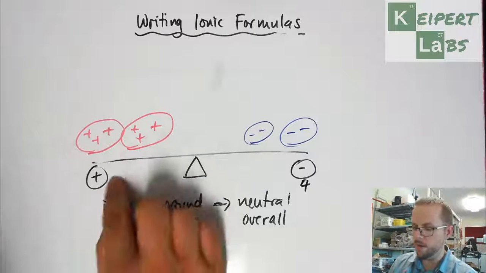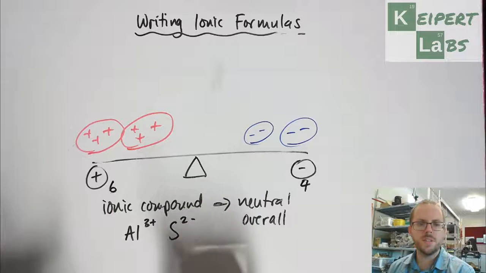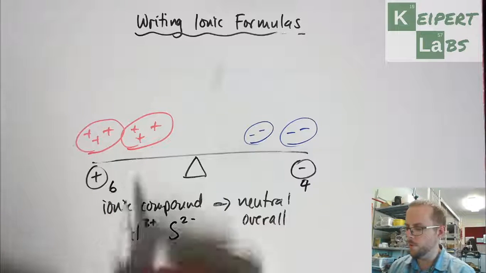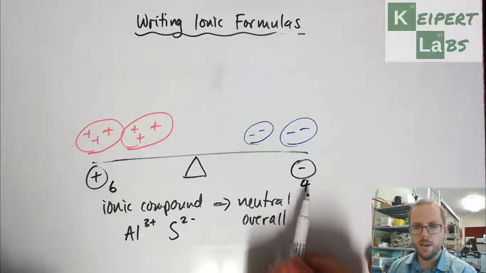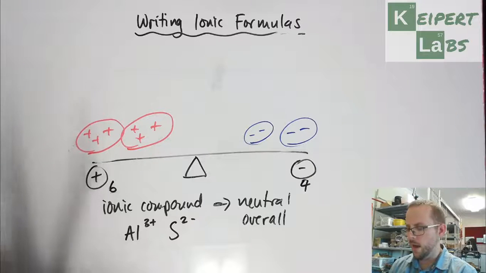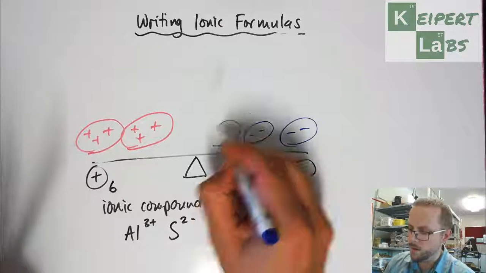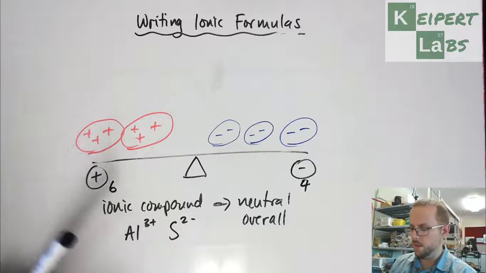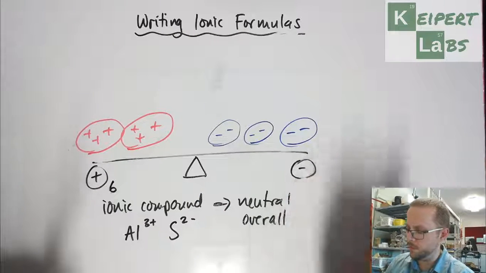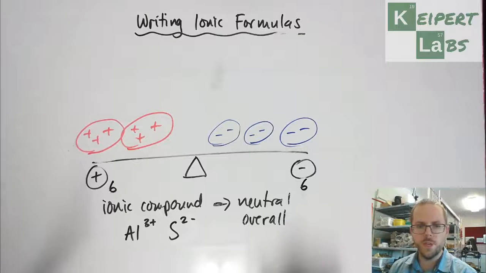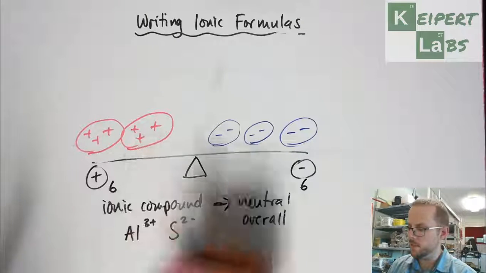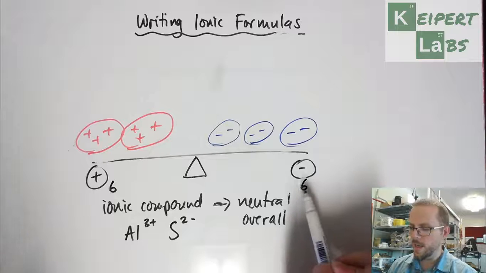But what I've now done is I've ended up with 6 pluses and 4 minuses over here. But now, all of a sudden, I do have the option to add an additional one over here, and so that takes me up to 6 negative charges. Okay, so I've got 6 pluses, 6 minuses, and so now I'm balanced.